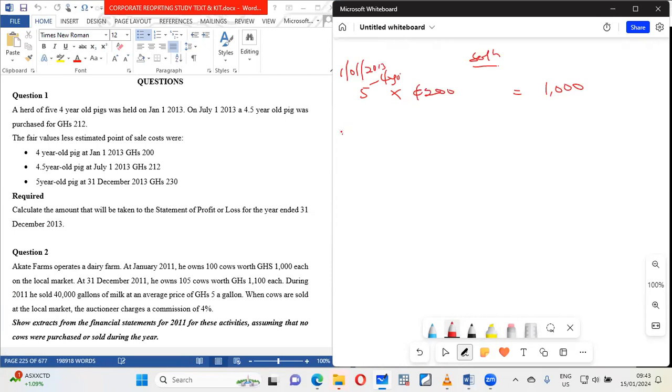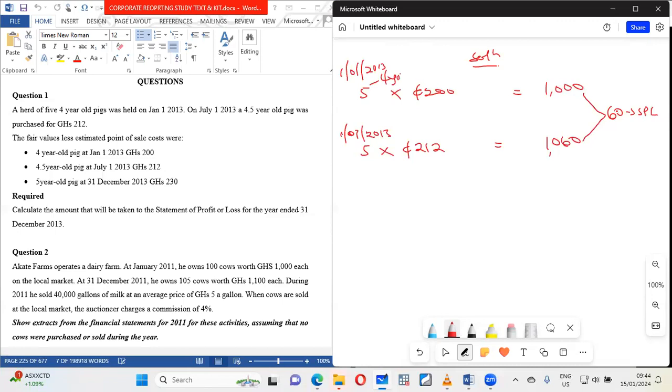By July 1, 2013, their age is now 4.5 years, and therefore those 5 will now be priced at what? 212 by 5 gives 1060. So 1060 tells us that there has been a change in fair value. So there's a 60 that will go to the SPL.